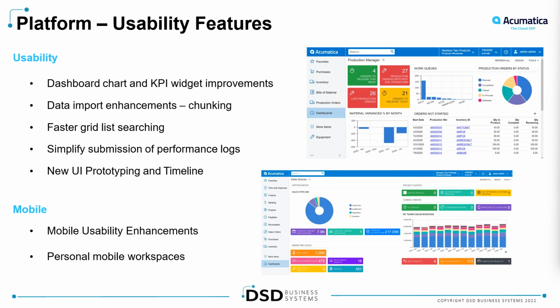There's also more out-of-the-box dashboards coming within the 2022 R1 footprint. So there's an entire series of manufacturing production dashboards and other functional areas, as you see in these two slides, a production manager and then a sales director that can be brought into your footprint that are naturally part of Acumatica or can be taken out of the Acumatica demo data.